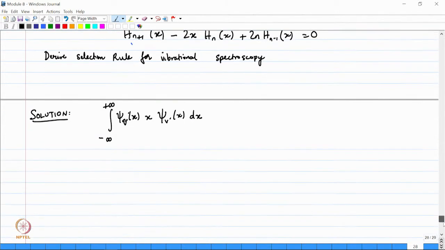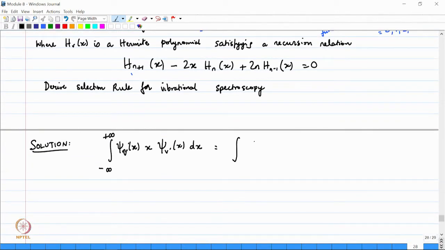This is equal to the integral of H v of x e to the minus x square by 2 times x times H v prime of x e to the minus x square by 2 dx from minus infinity to plus infinity.